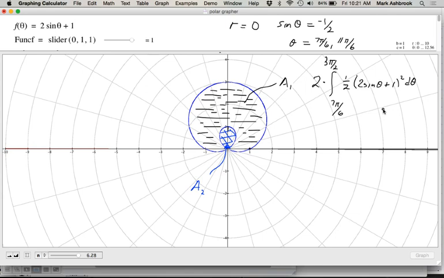Will we get it? And then you could have also done the integral from 7 pi over 6 to 11 pi over 6, not multiplied by 2. So that would just take it all the way around.